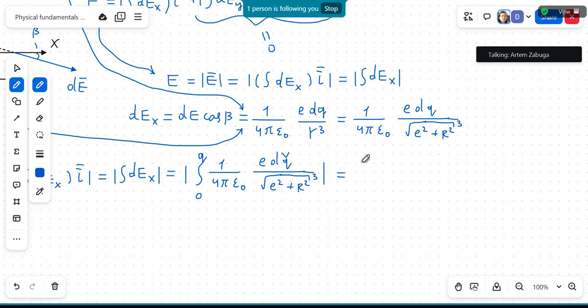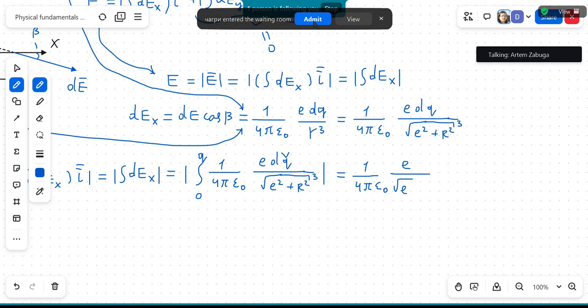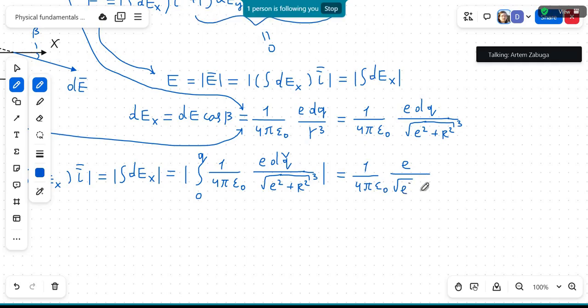So it means that we can write them outside of the integral and modulus. 1 divided by 4 pi epsilon 0, L divided by square root of L to the power of 2 plus R to the power of 2, and this is to the power of 3.